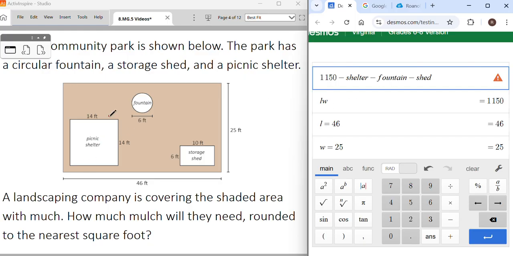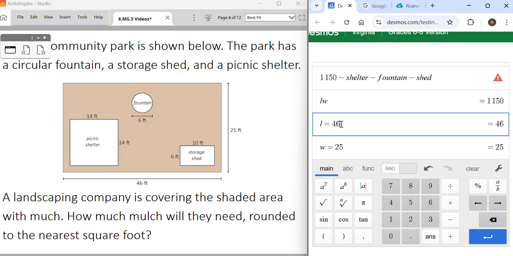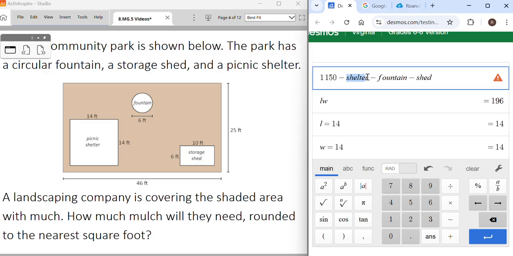Next, I'm going to look at the shelter because it would use the same exact formula, except that each of its sides is 14. So that means its length is 14 and its width is 14, which gives me an area of 196. So I'm going to replace the word shelter with 196.